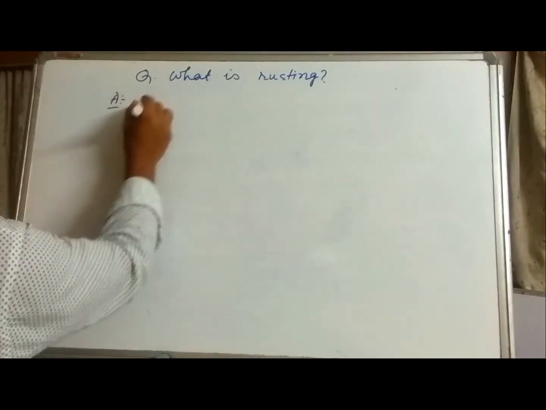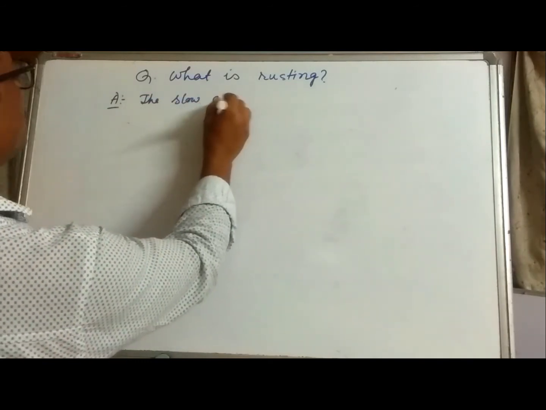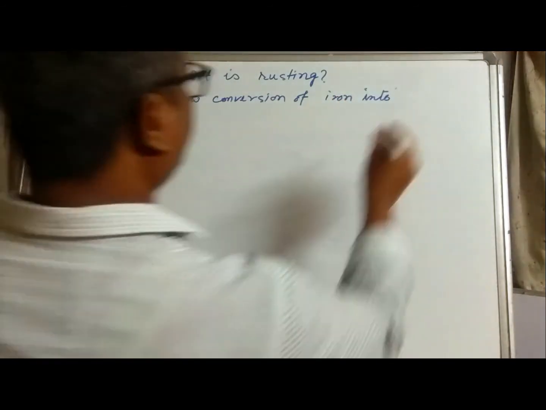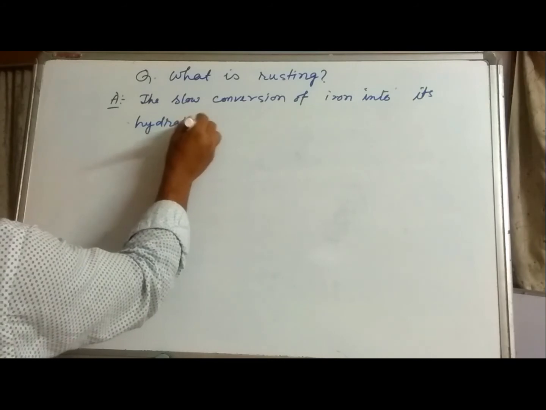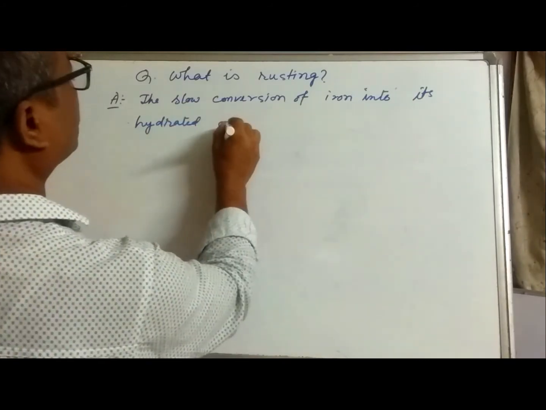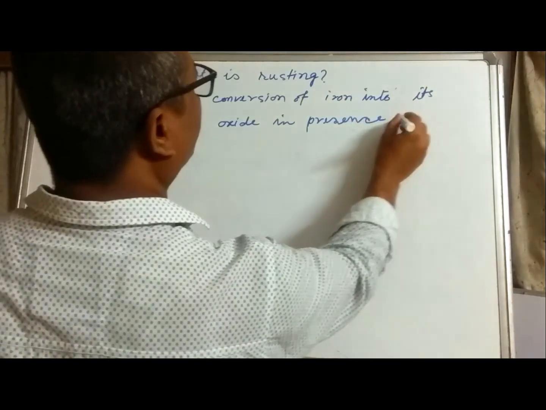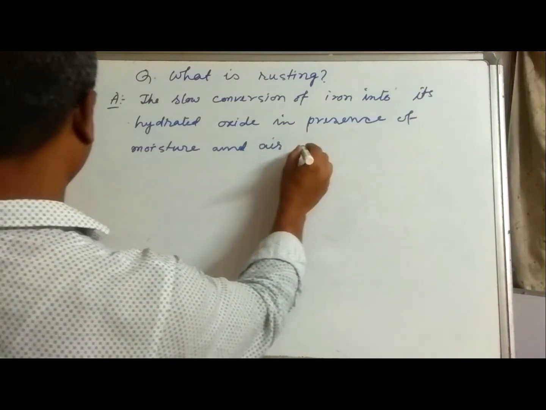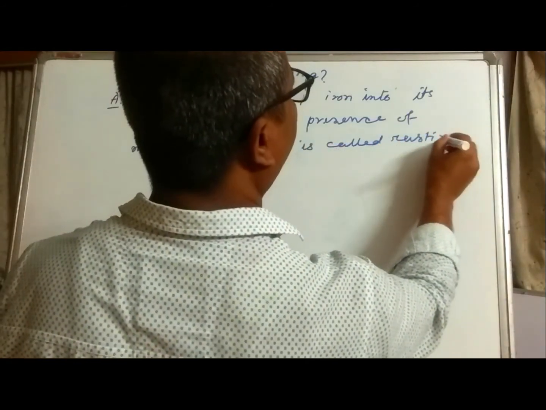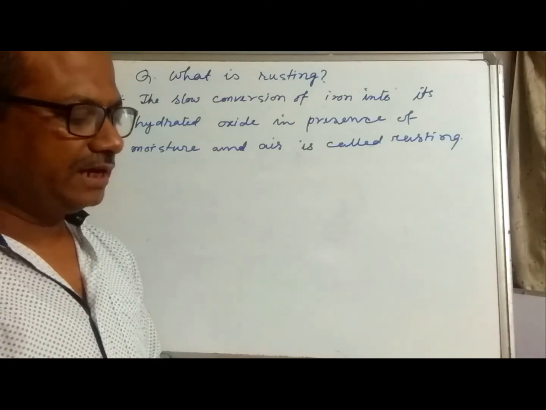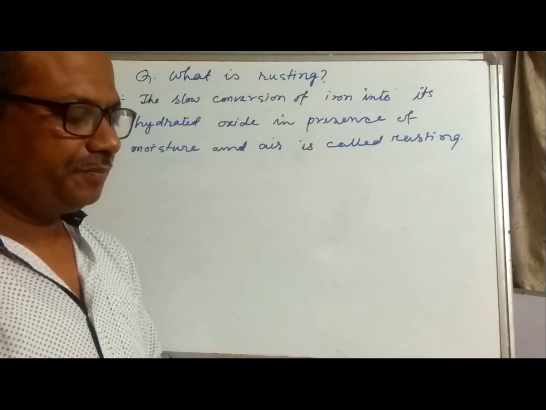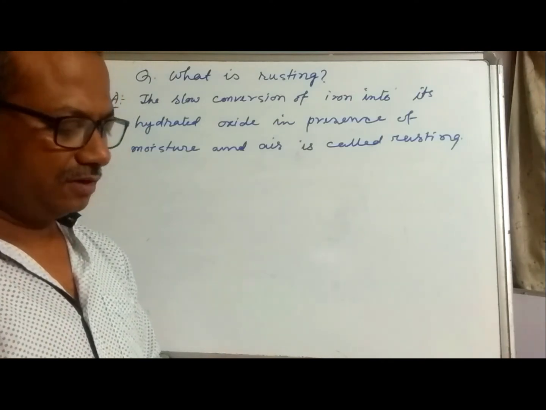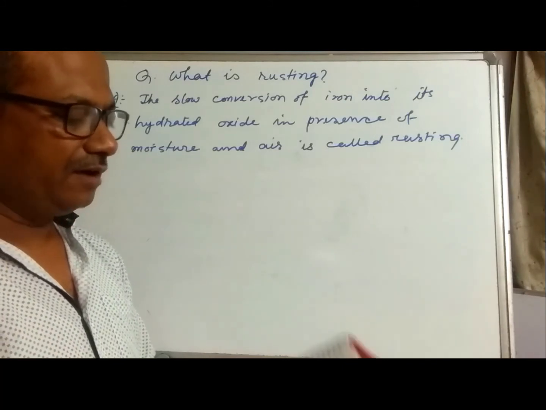Answer: the slow conversion of iron into its hydrated oxide in the presence of moisture and air is called rusting. Iron does not rust in dry air and pure water. Iron needs both oxygen and water for rusting.